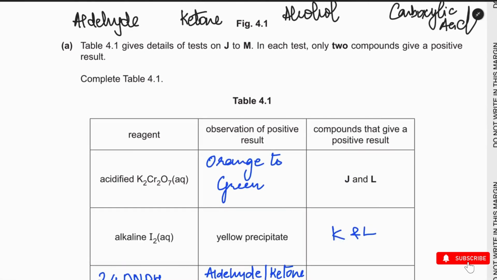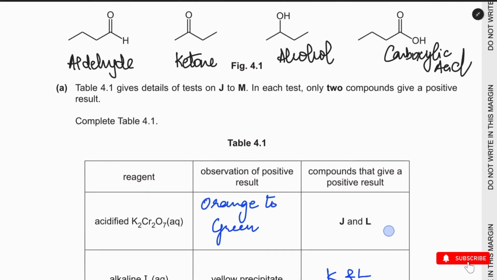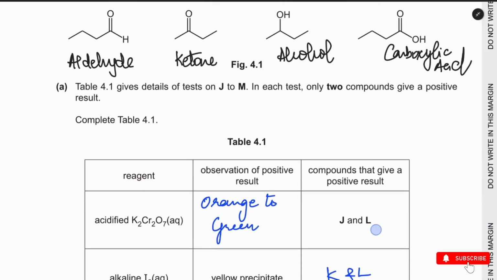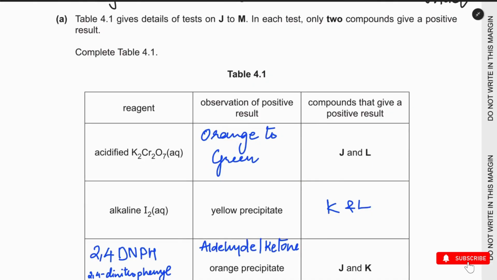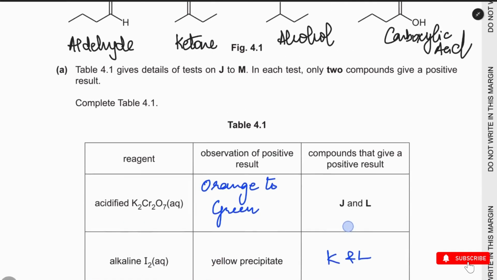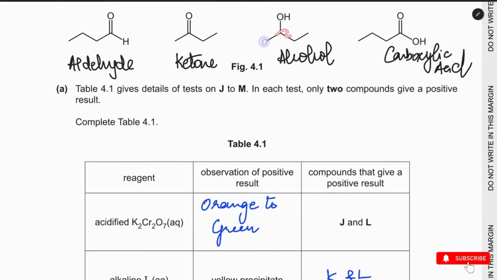Now, alkaline I2, which is the iodoform reaction, which gives a PPT, only works when we have the structure as ketone and alcohol. So, if you have a ketone and alcohol, you can get the yellow PPT using the iodoform reaction. So, how do we identify it when you have CH3, CH, and OH group?